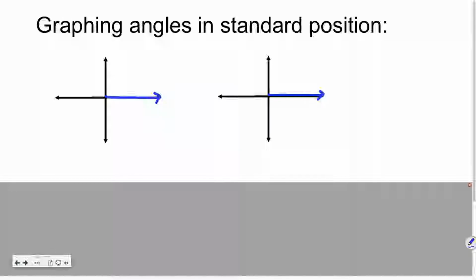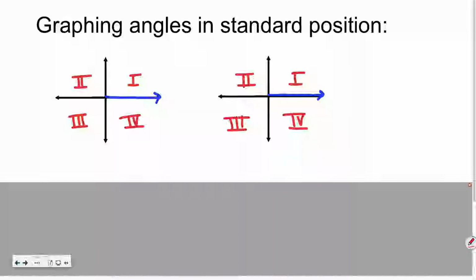And then the terminal side could be on any one of the axes or any one of the quadrants. What I want to remind you, these are our quadrants: 1, 2, 3, 4. You will be asked to tell me which quadrant an angle lies in, so it's important that we recall where those quadrants are.